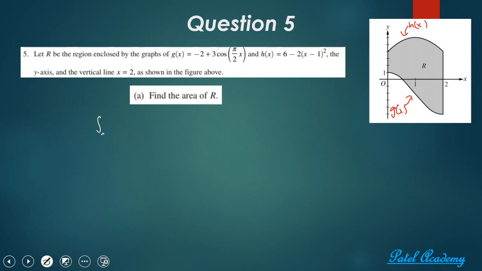So I get the integral from 0 to 2 of h at x minus g at x dx, which is equal to the integral from 0 to 2 of negative 2 plus 3 cosine pi over 2x minus, oh sorry, I flipped the order on this one.